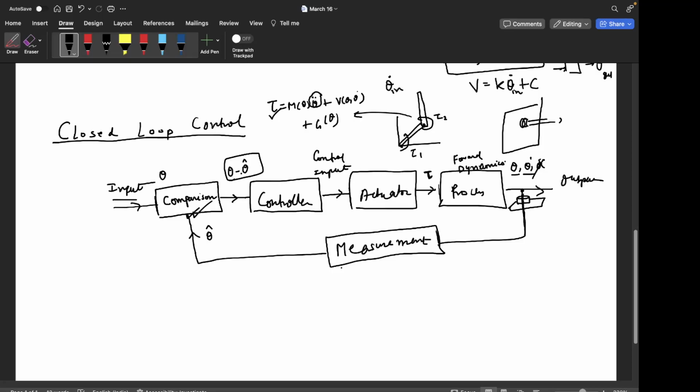So here the comparison happens, then this error is fed to the controller, and the controller takes appropriate actions in order to drive that error to zero. So the goal of the closed loop controller is to drive this error to zero. All the different controllers that you will see have one ultimate goal, which is to drive the error between the desired and the actual to zero, right?